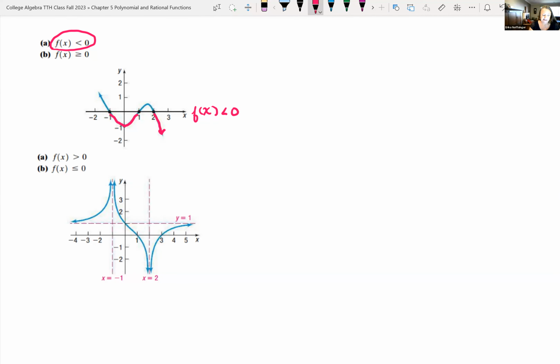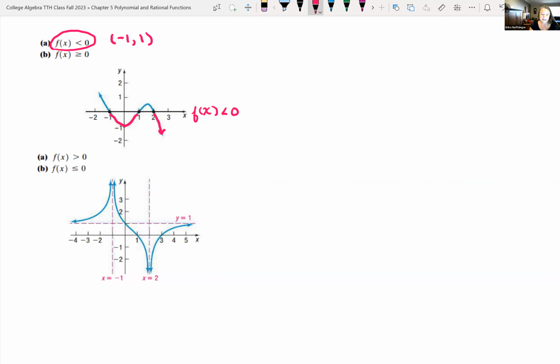They're less than 0. And so when we're looking at the solution, we're looking at all the x values that give us this. It's everything between x equals -1 and 1. I'm writing it in interval notation, so parentheses -1, comma 1, parentheses.